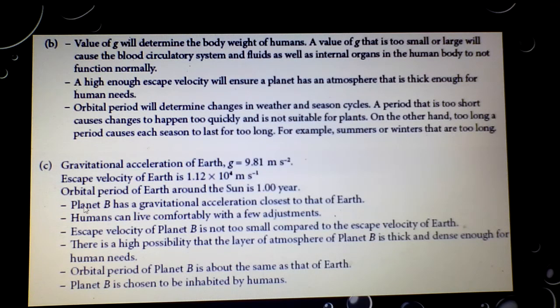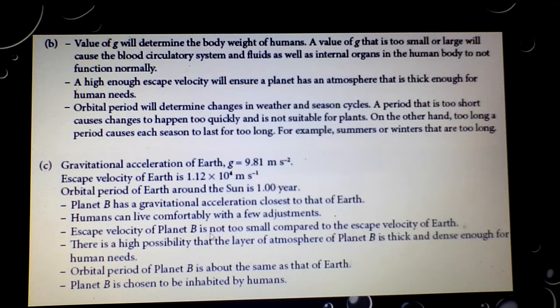You check planet B. Planet B has a gravitational acceleration closest to that of Earth. If the difference is too big, it will give a really big impact to the health of humans. So humans can live comfortably with a few adjustments.